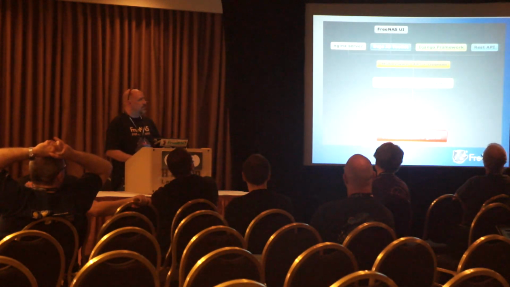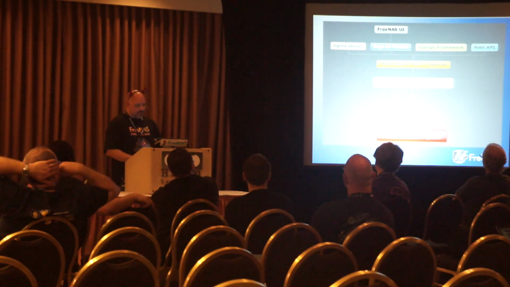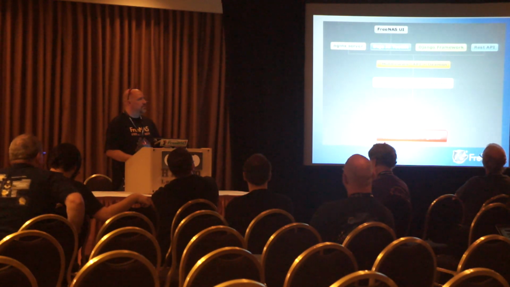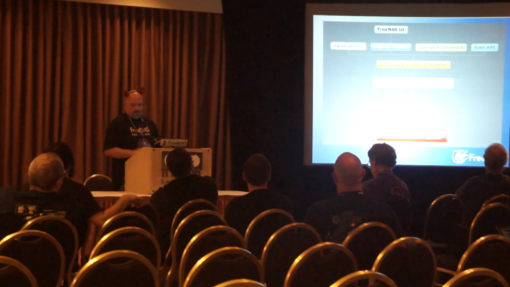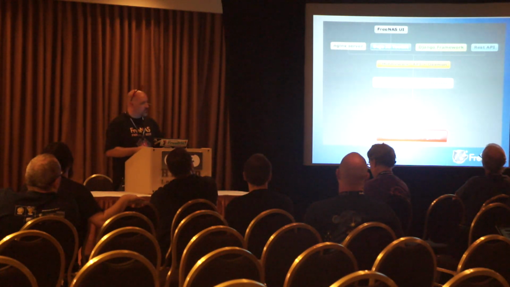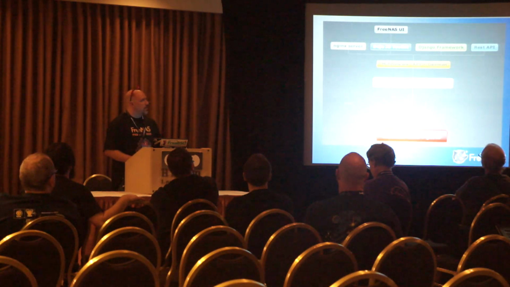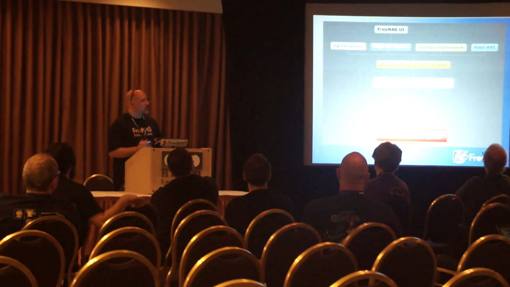So this is the 5,000 foot perspective of how you would view FreeNAS. At the top level here, up here, this is our GUI, and the GUI runs off of Django, and so that would be this layer here. So Django provides our GUI, and that's where most of the programming is done.